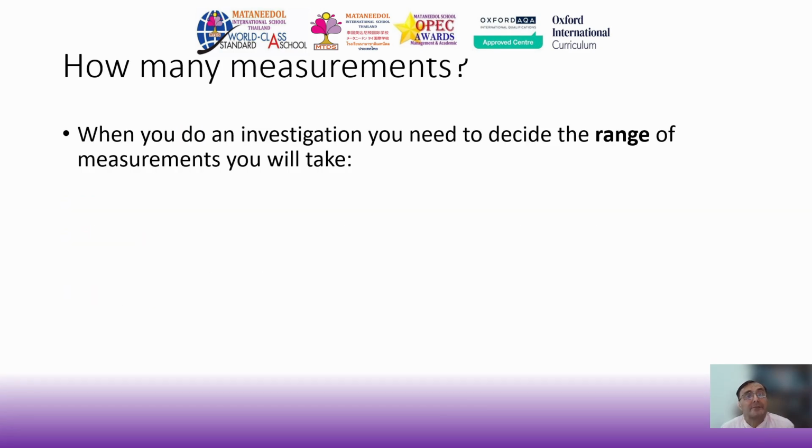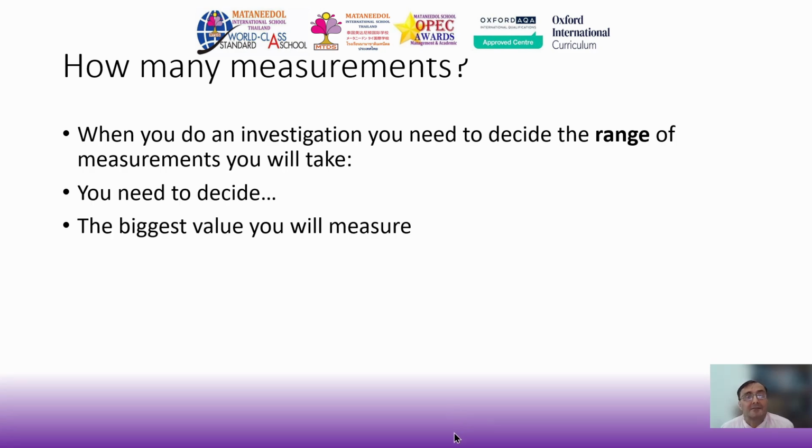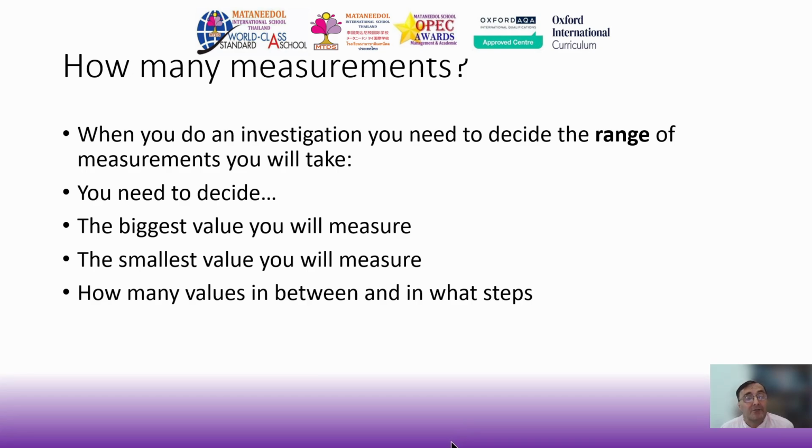How many measurements? When you do an investigation, you need to decide the range of measurements you will take. The biggest value, smallest value, and how many values in between, and in what size of steps.